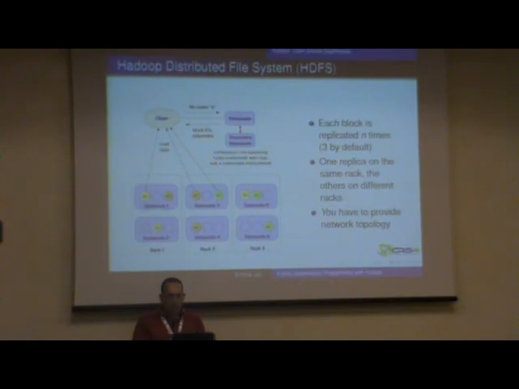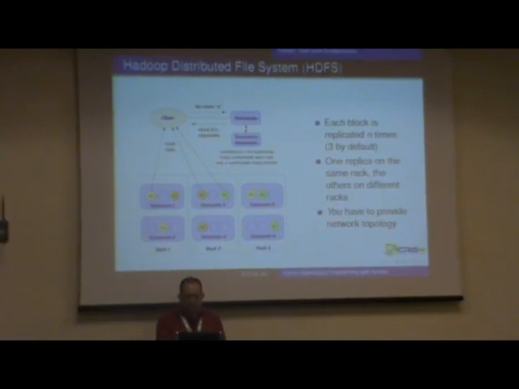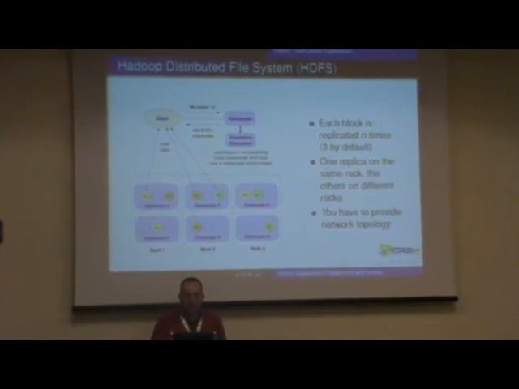So let's say I want to read a file called A. I contact the name node, and the name node responds with a set of block IDs and their host names. At this point, the client can read data directly from the data nodes where those blocks are stored. This is also a key design feature, because in this way there is no data flow across the name node.